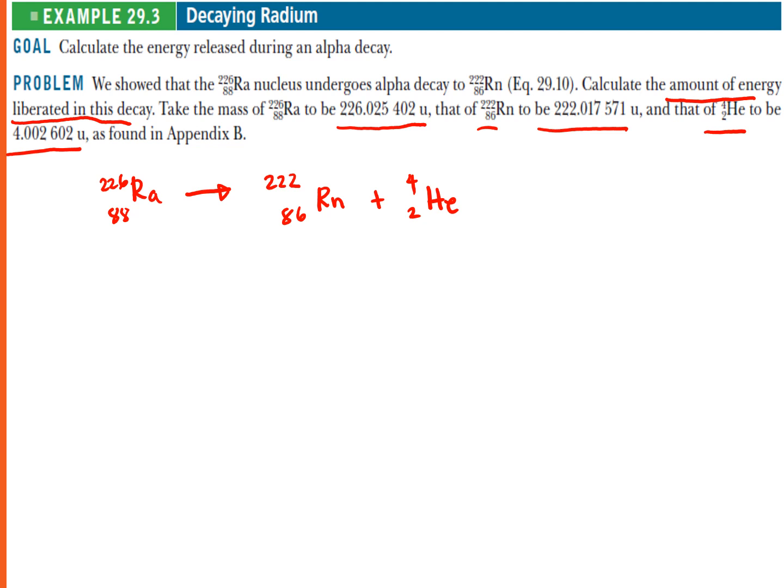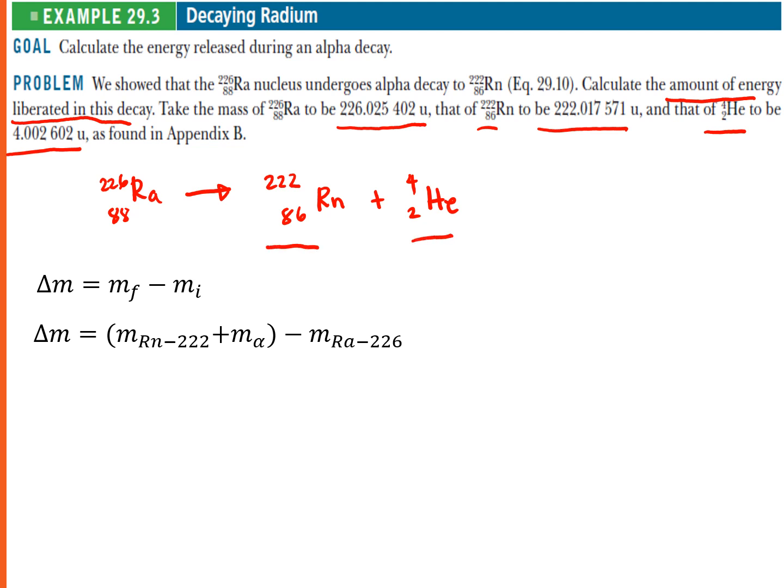Alright, so to begin with, we actually have to convert the change in mass into energy, and the change in mass is equal to mass final minus mass initial. The mass final is just equal to the mass of radon-222 plus the mass of the alpha particle, subtracted by the initial mass, which is the mass of radium-226.